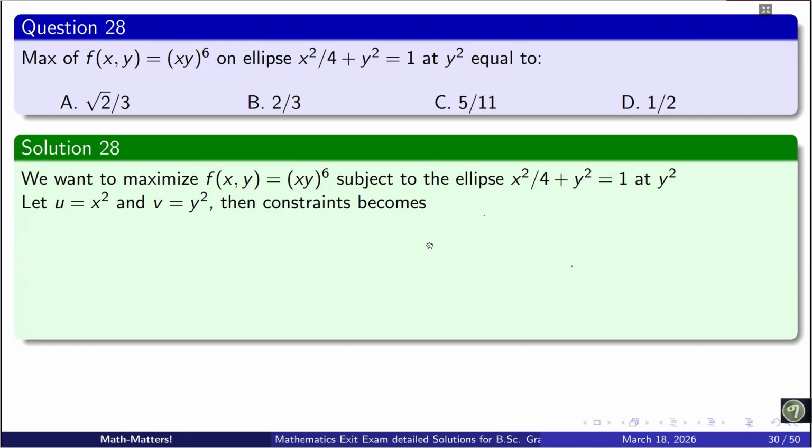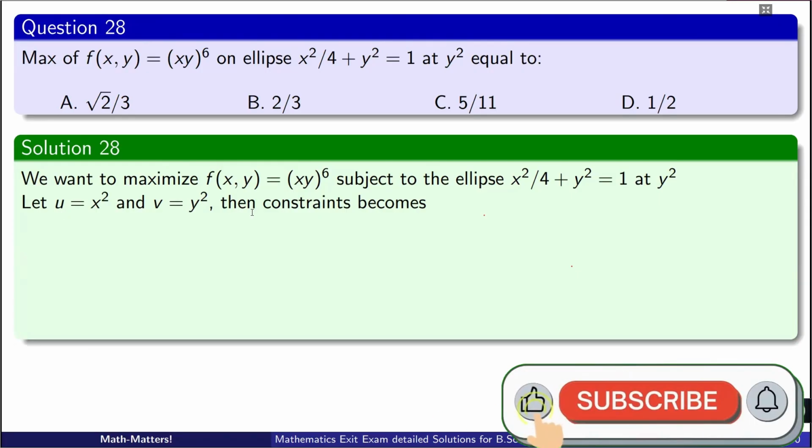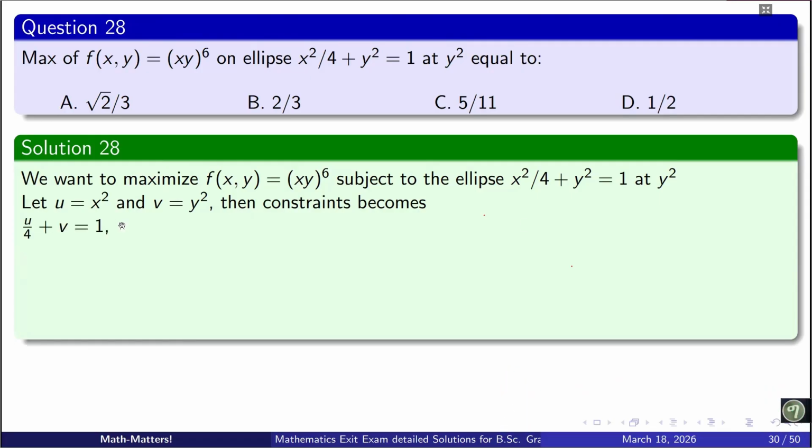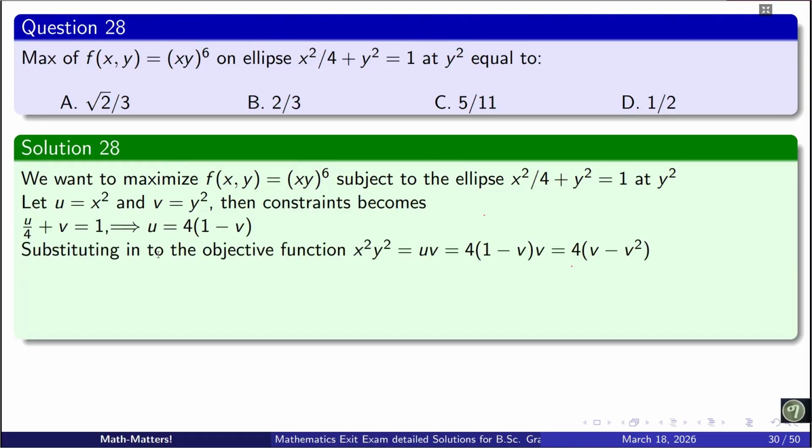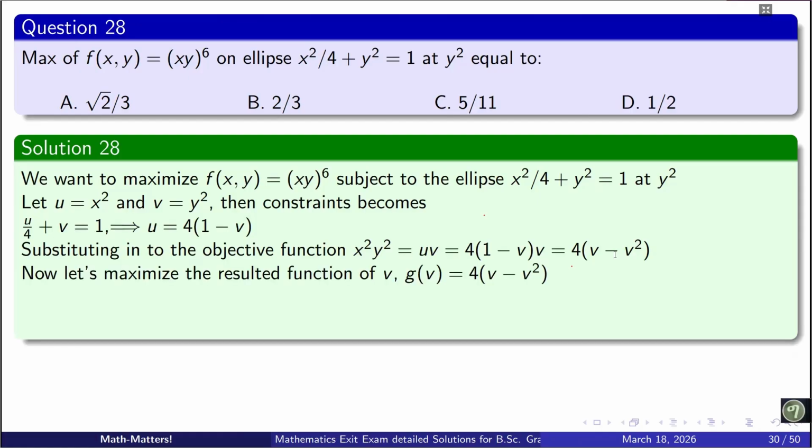Let's assume a new variable: u is equal to x squared and v is equal to y squared. Then the constraint, the equation of the ellipse in the new variables, becomes u over 4 plus v is equal to 1, which implies u is equal to 4 times (1 minus v). Substituting into the objective function, x squared y squared is equal to uv, which is equal to 4 times (1 minus v) times v, which is 4 times (v minus v squared). Now let's maximize the resulting function of v, that is g of v, which is equal to 4 times (v minus v squared).